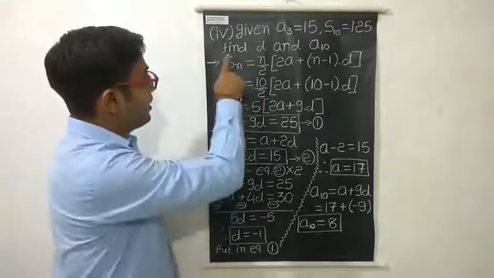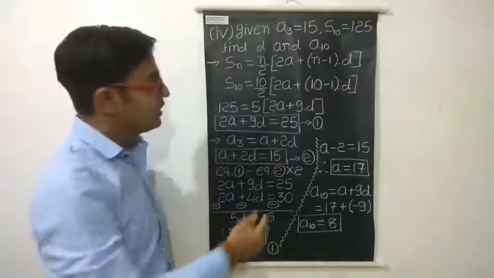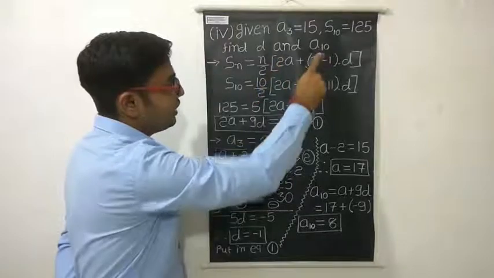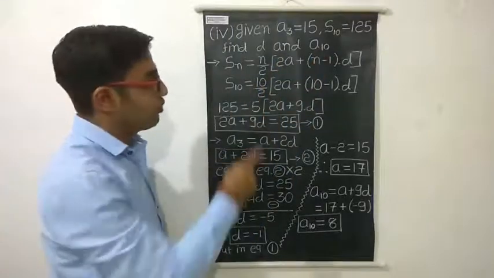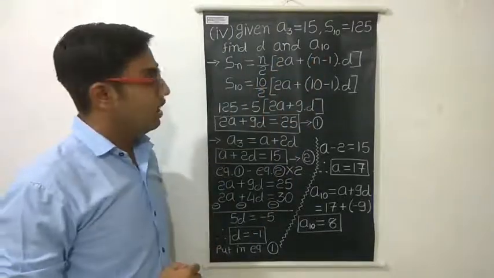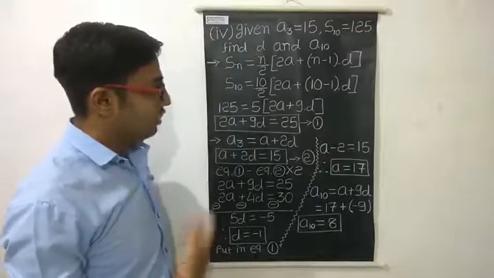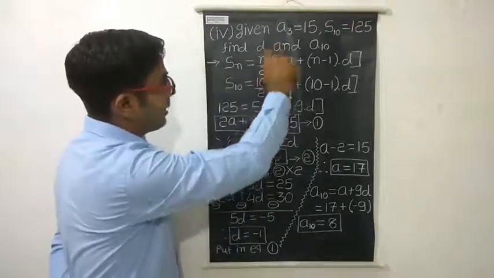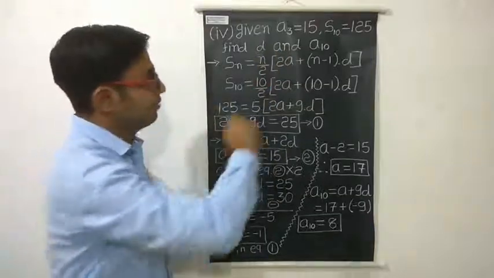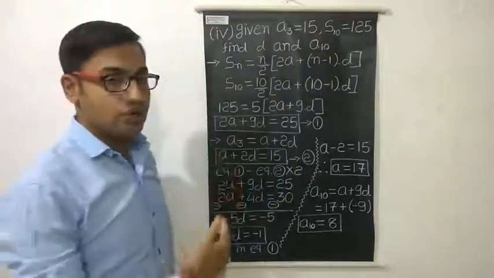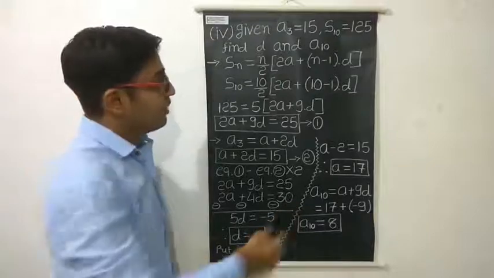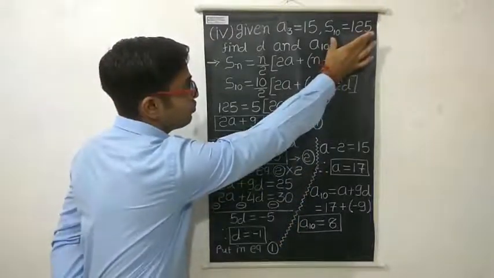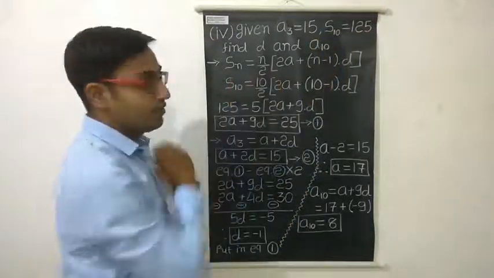We have to find the value of the common difference d and the value of the 10th term, that is a10. Again, whatever we have given, from that we have to start. We have given the value of a3, the value of the third term, and the addition of the first 10 terms. So we have to start from here.